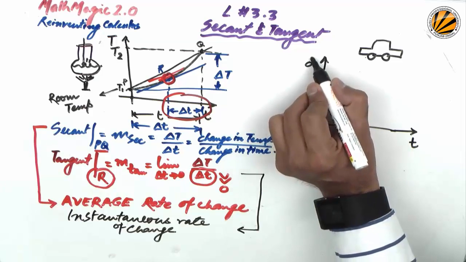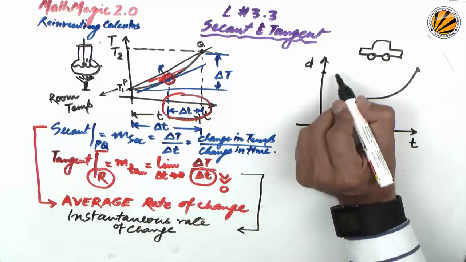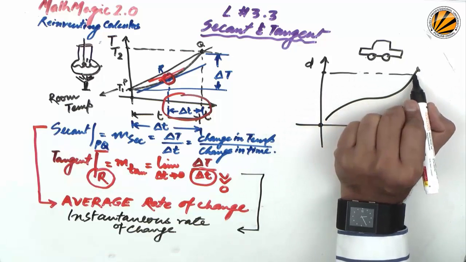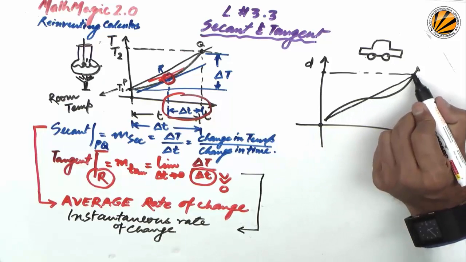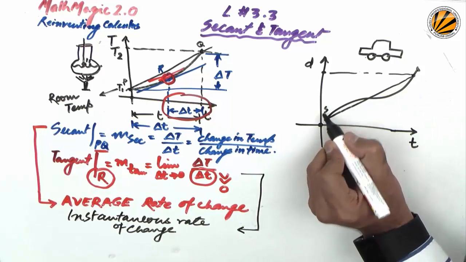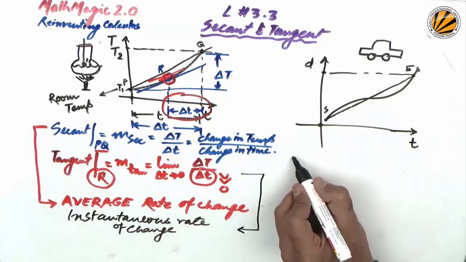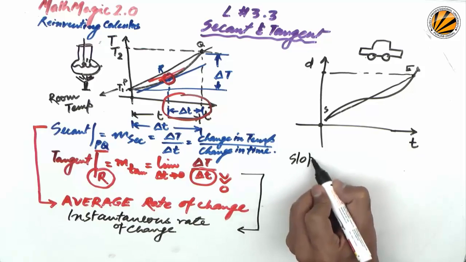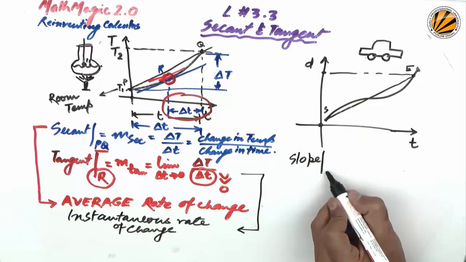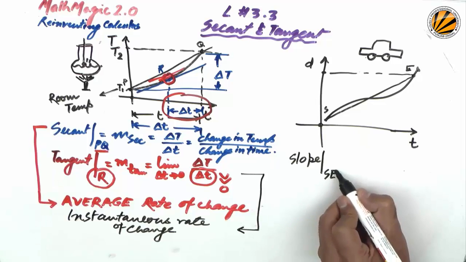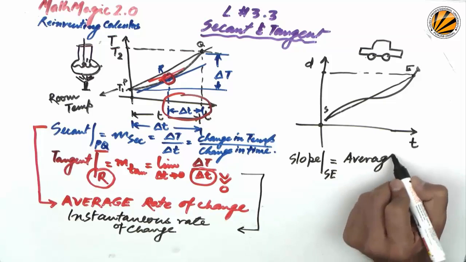If I draw a line between these 2 points, the start point I'll call S, and this becomes the end point. If I look at the slope of the line joining the start and the end, I'll be looking at the average speed.